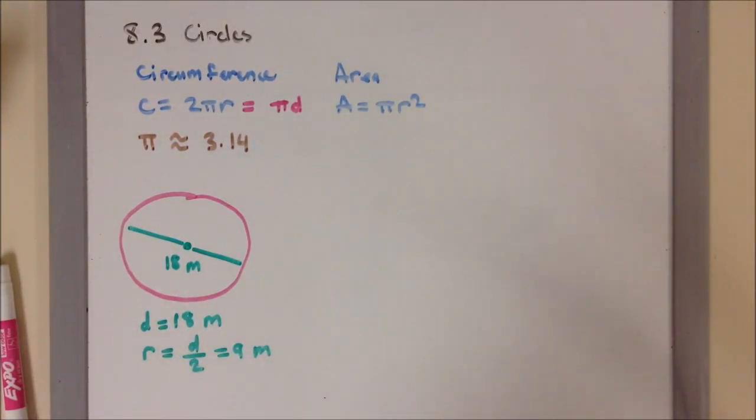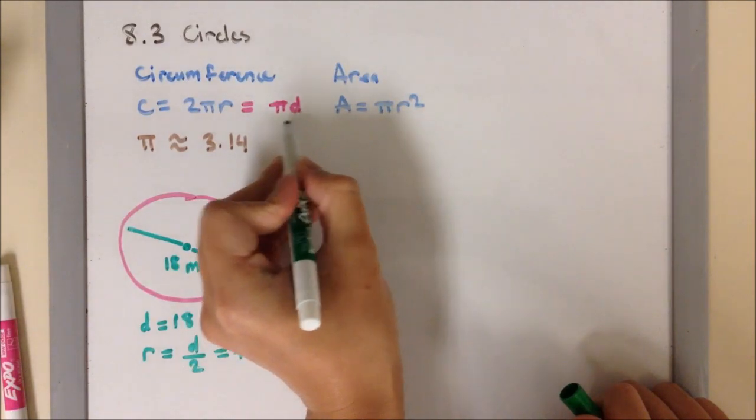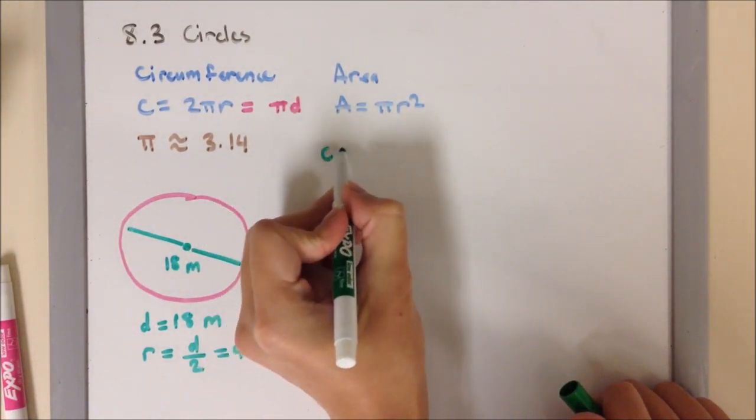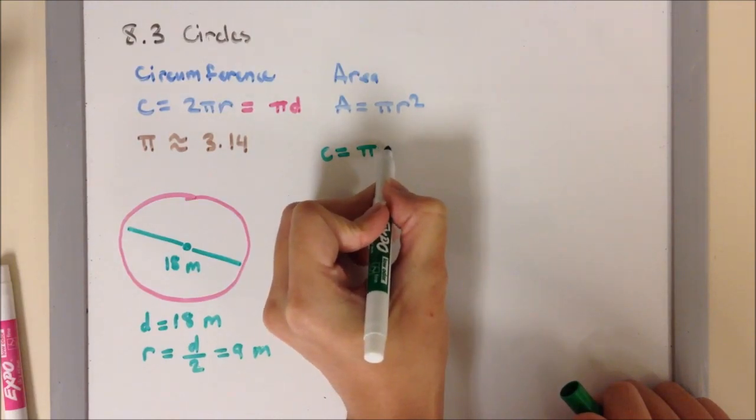So just like the same process as the last example, let's do circumference. So circumference, you can use radius because you found it, or you can use diameter. So let's try working with diameter. So circumference, C, equals pi times our diameter.